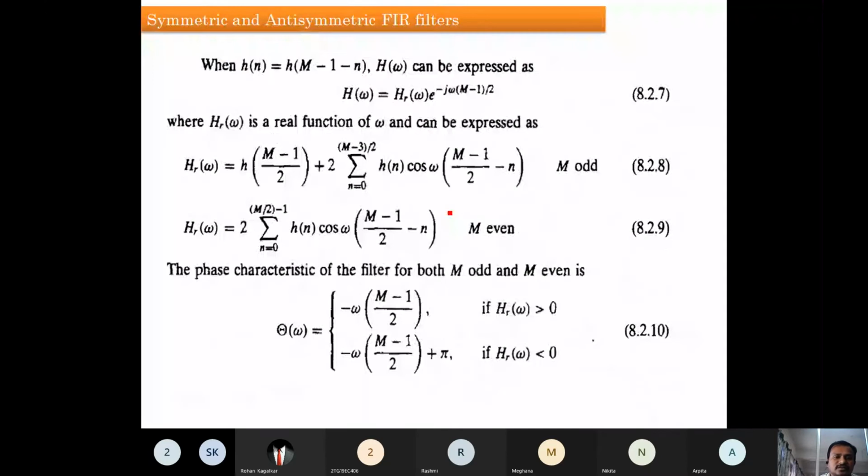So what is the response? With respect to that symmetricity, we had a discussion about the characteristic response, the impulse response. For real, it is HR of omega, or in general H of omega. And the phase characteristic is theta omega, for M odd and M even.